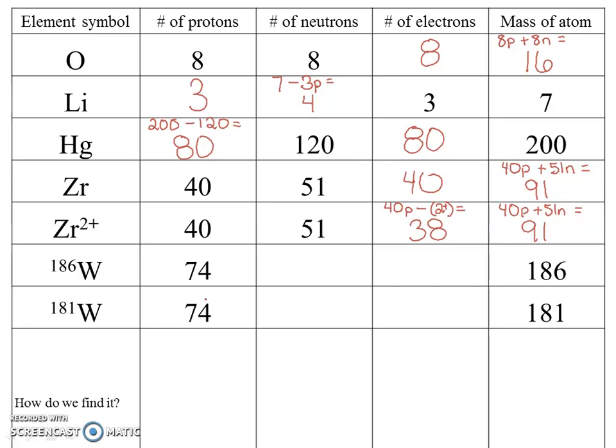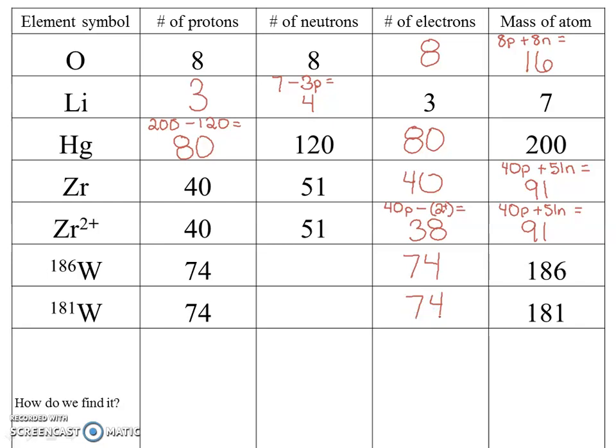Since they are isotopes of each other, we know that the masses are different, and the neutrons then must be different. The number of electrons, however, since they are not ions, we have no charge given for either of these atoms, then the number of electrons should match the atomic number, the number of protons, because they are neutrally charged atoms.